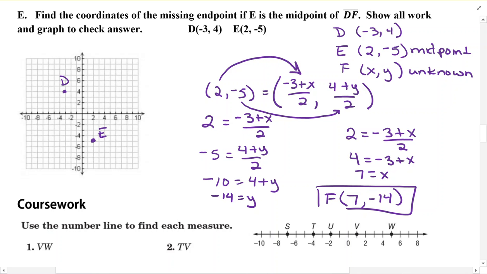And then the next point was (7, -14), which is approximately there. And I can join these 3 points into a segment. That concludes lesson 1-3.